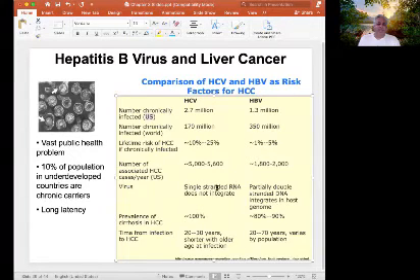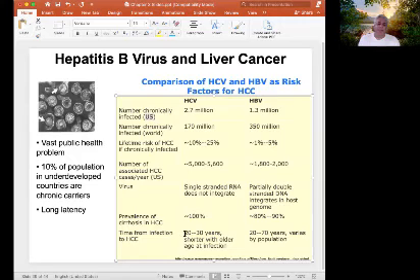Hepatitis C is a single stranded RNA that doesn't integrate into the host chromosome, whereas hepatitis B does integrate. And the damage on the liver, here there's total death. So if you have hepatitis C, then the level of cirrhosis is approaching 100%. And in these cases, it's slightly below.